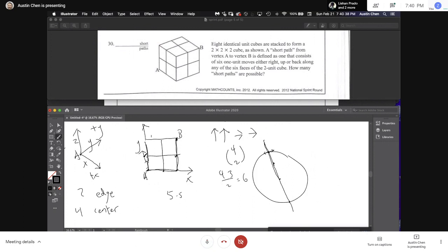Like if you had two z's on a vertex, would that not be repeated? That wouldn't be repeated because think about it. How would you repeat that? There's only one way to get that, right?